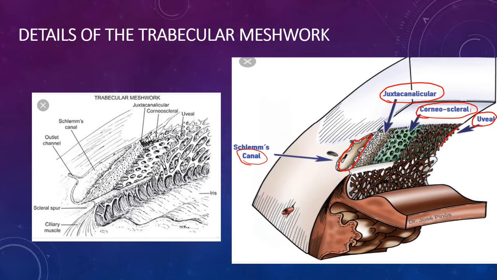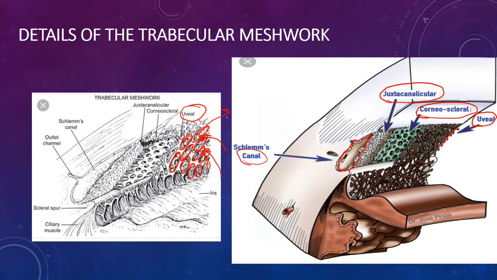Here I would like you to observe that the uveal part of the trabecular meshwork, the innermost part, has very big holes. These meshes are very big for easy filtration of the aqueous humor.